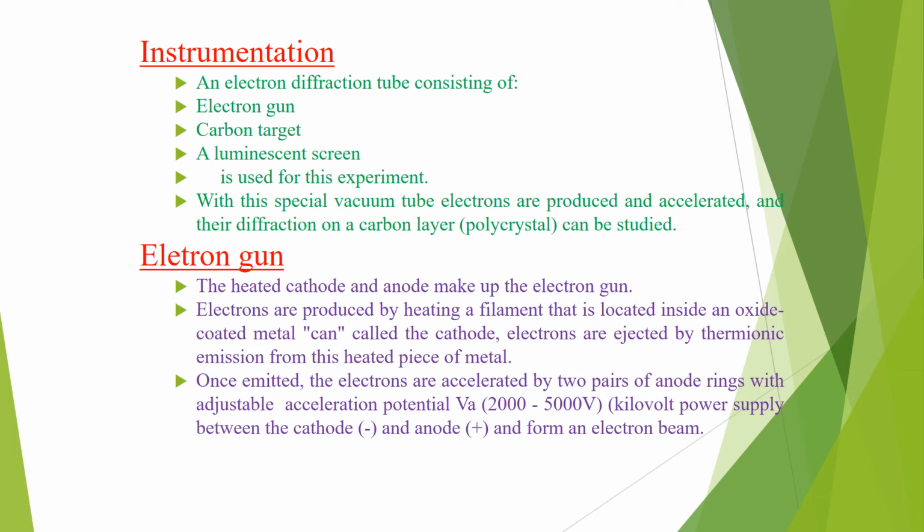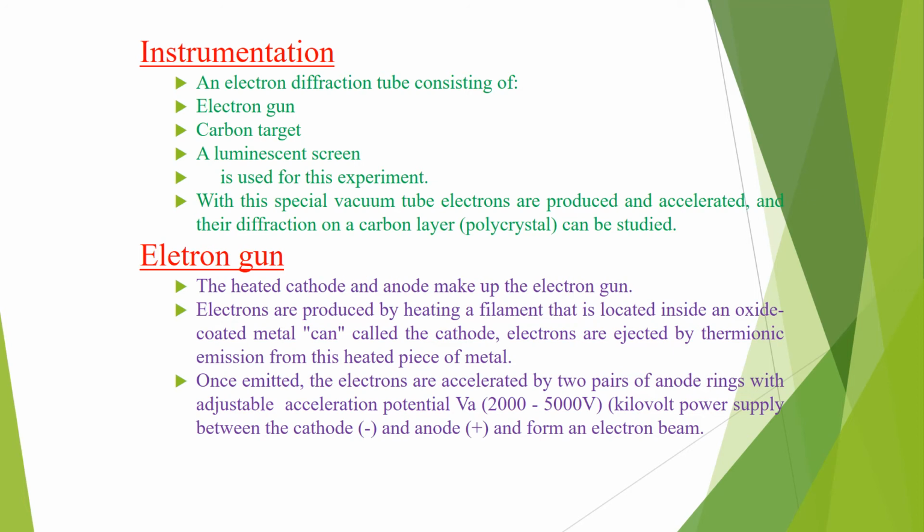Electron gun. The heated cathode and anode make up the electron gun, and the electrons are produced by heating the filament that is located inside the oxide coated metal can, which can be called the cathode.